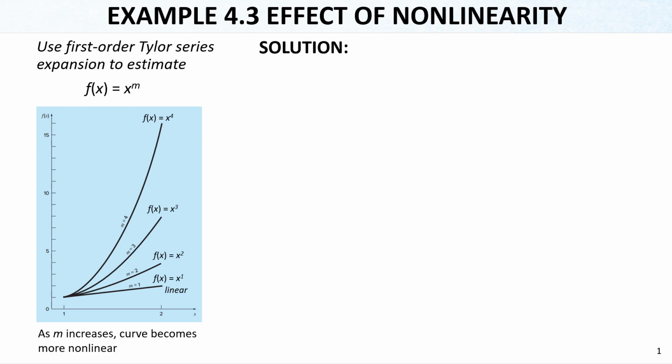So let's write down the first order Taylor series. It is for n equals 1, Taylor expansion, and we know that the expansion is f(x_i+1) is equivalent to f(x_i) plus the derivative.